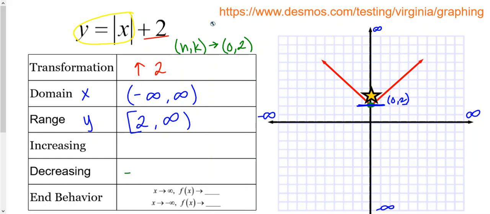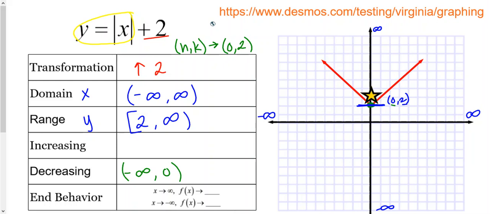So on my decreasing side, I'm going to say negative infinity, comma, and it stopped decreasing at my vertex. Again, all we care about are the x values, so it stopped decreasing at 0. Both of these are going to get a parenthesis because even though 0 is a number, at this point the star is not increasing or decreasing. It's flat.